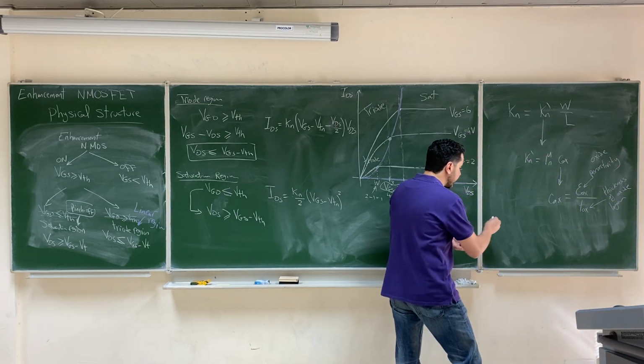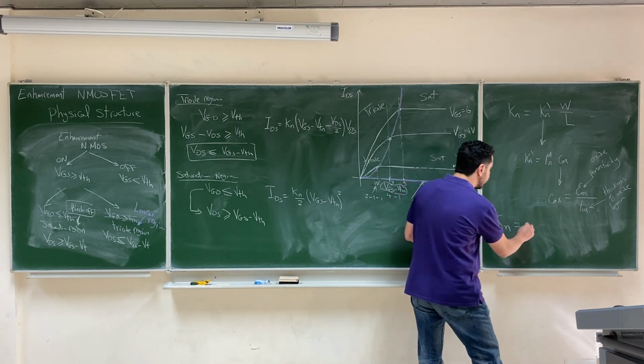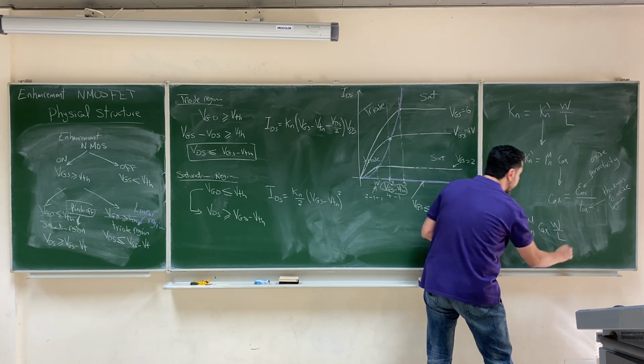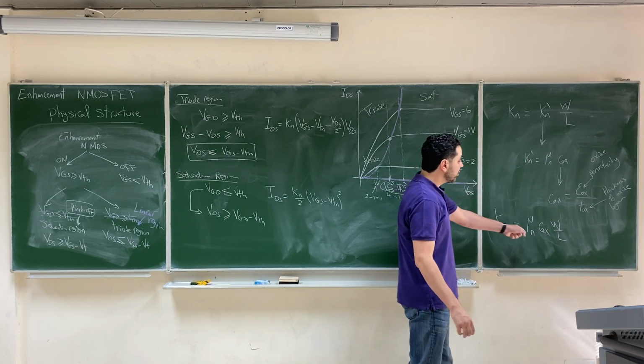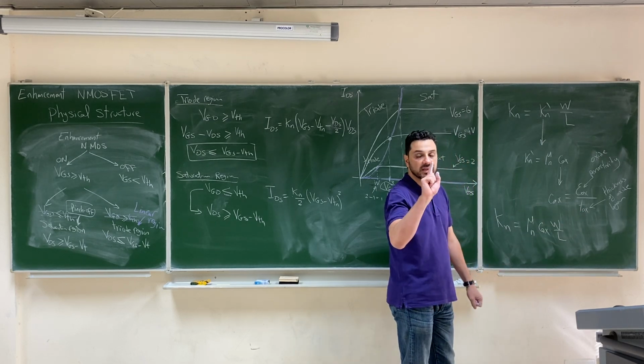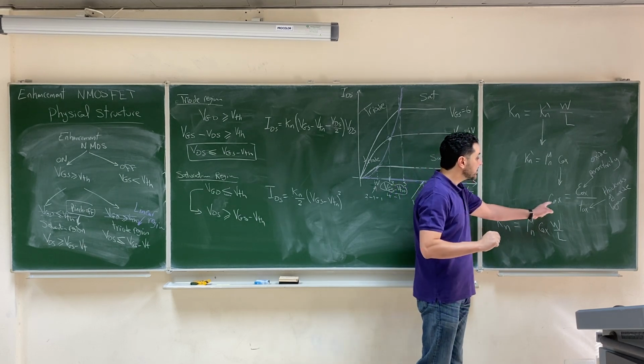So basically, if you are in a hurry, you can write Kn as mu n C oxide W over L, where C oxide is epsilon oxide over T oxide. This is the capacitance per unit area, in farad per meter squared.